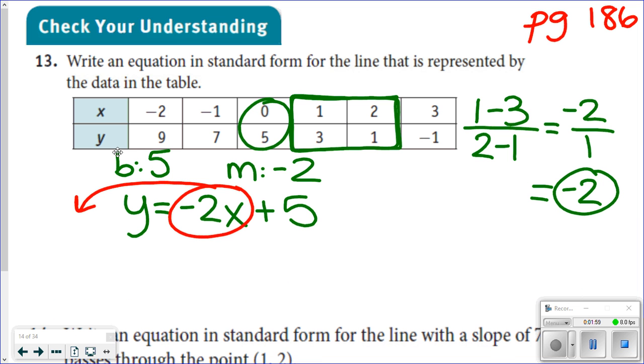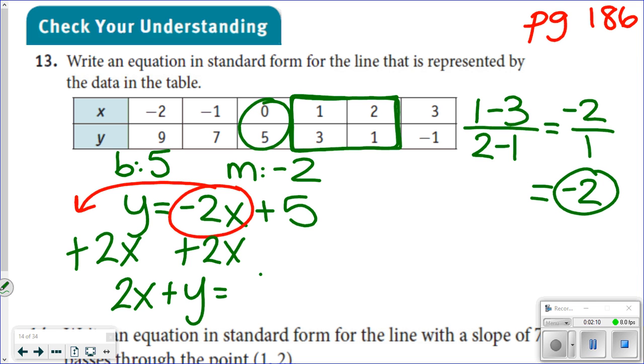So I'm going to add 2x to both sides. So I get 2x plus y equals 5. My a value is 2. It's positive. I do not have any fractions, so we're done. It's in standard form.